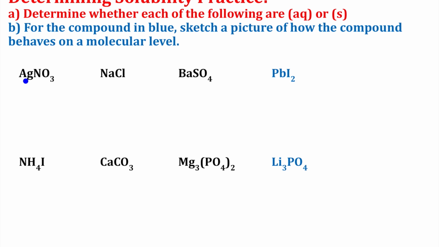Looking at this first one, AgNO3, our nitrates are discussed in rule number 3. In rule 3, it says that chlorates, nitrates, and acetates are soluble. And so because this is soluble, it is going to be aqueous and form a solution.